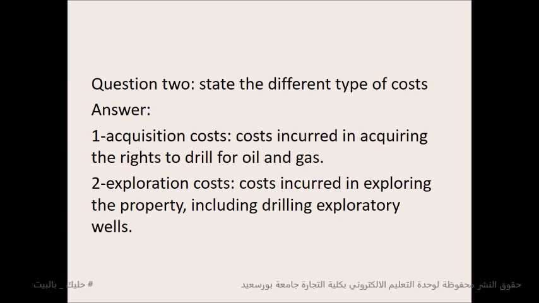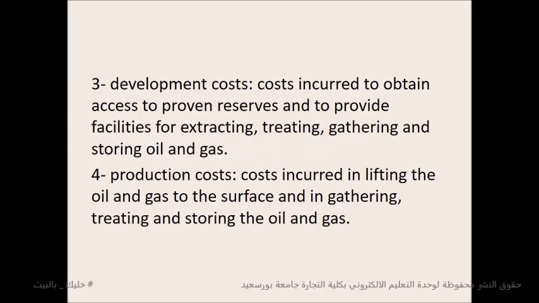The exploration costs are costs incurred in exploring the property, including drilling. Number 3. Development costs. The development costs are costs incurred to obtain access to proven reserves and to provide facilities for extracting, treating, gathering, and storing oil and gas.